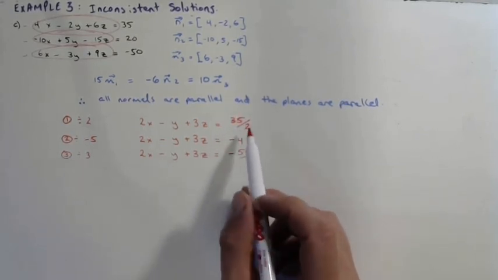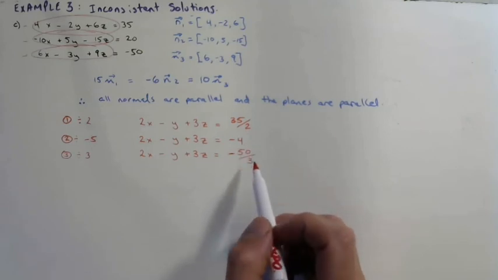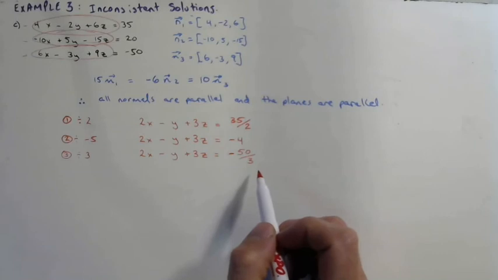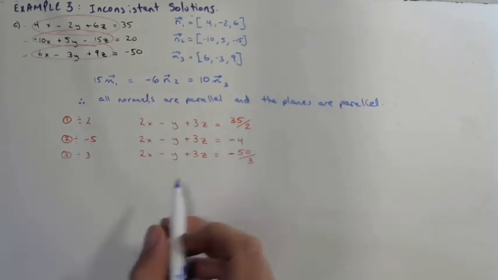And since they don't come out equivalent, these equations are not scalar multiples of one another. That tells us the planes are still parallel, but they are also distinct. They're not coincident.